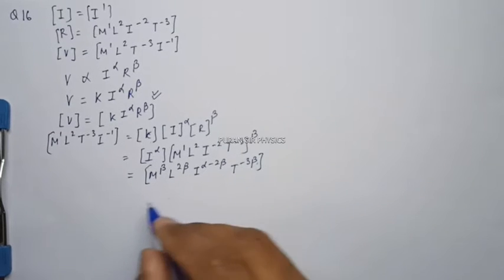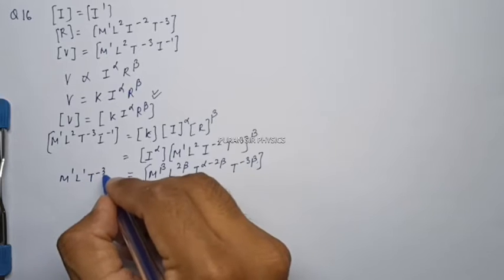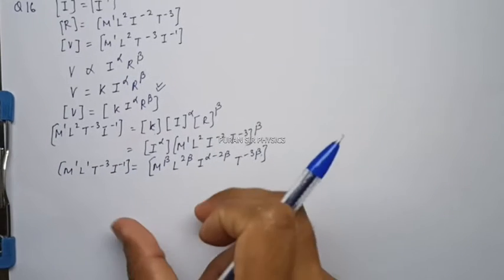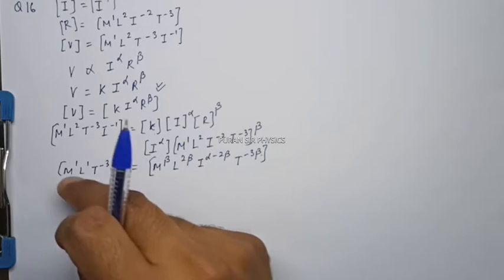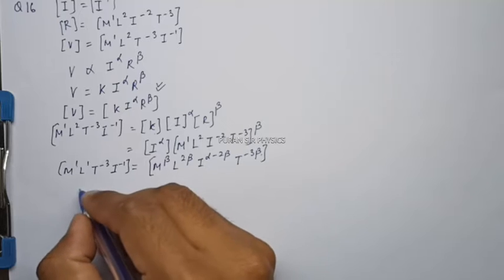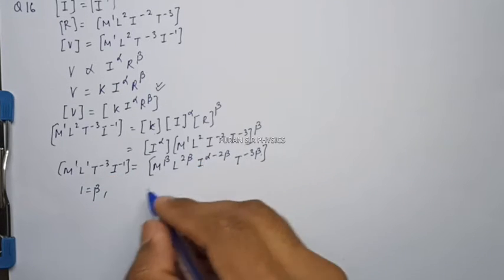So here we have M raised to power 1, L raised to power 2, T raised to power minus 3, I raised to power minus 1. Now we compare and equate the dimensions. So 1 will be equal to beta, and the power of L will be equal to this.